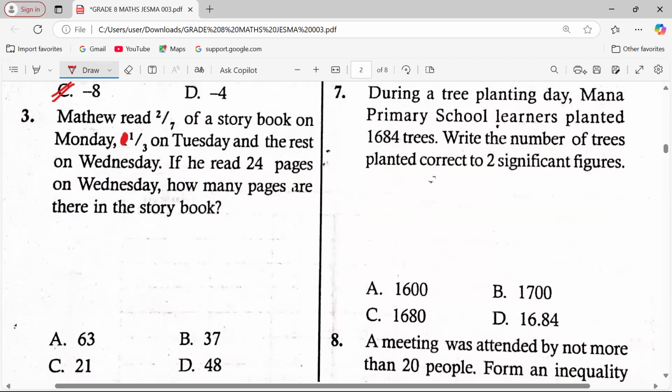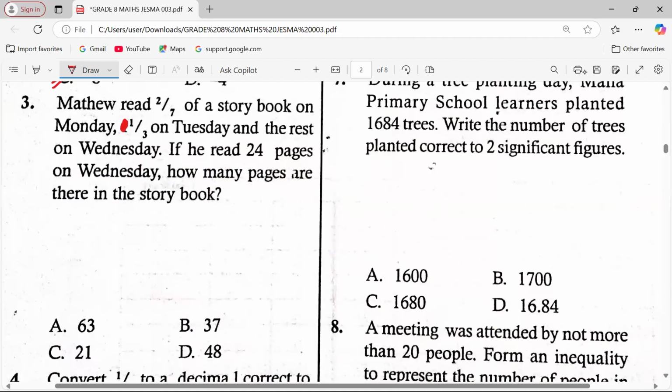So we begin by saying that on Monday, we have 2/7. And on Tuesday, we have a third. So from these 2 days, the pages which have been read are 13 out of 21. 13/21.